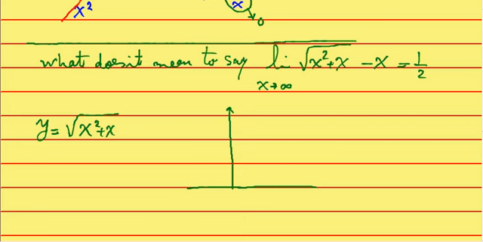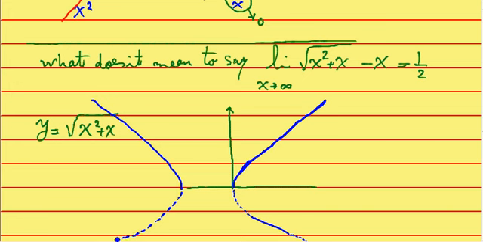The graph of that hyperbola looks something like this. To see the whole hyperbola, I go ahead and complete the other half of it. So up here what we have is a graph of y is equal to radical x squared plus x.